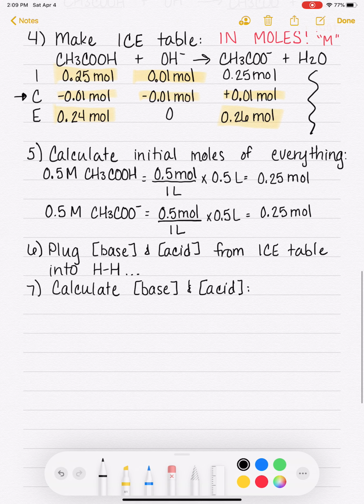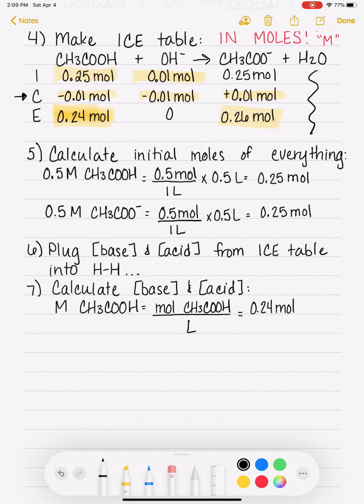So for CH3COOH, we're going to start with this guy right here. We're going to do the molarity of CH3COOH. It is going to be the moles of CH3COOH divided by the volume in liters. Our moles from the ICE table are 0.24.